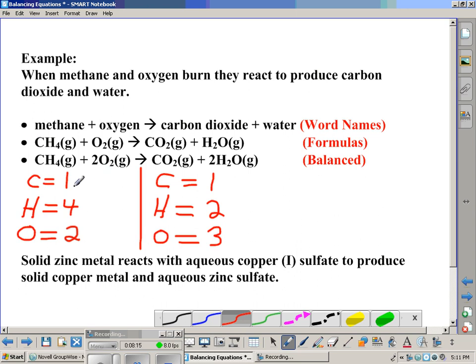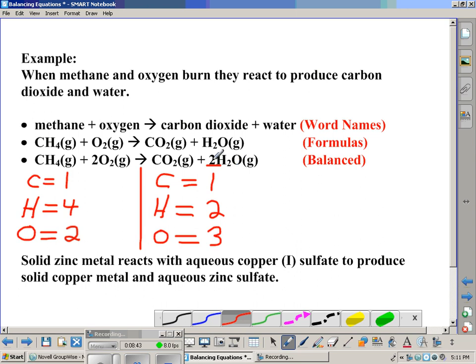Okay, so let's look at this. I have 1 carbon on this side, 1 carbon on my products. I have 4 hydrogen for the reactants, but I only have 2 for the products. So that means on this side of the equation, I need more hydrogens. In order to do that, I put a coefficient of 2 right here, and so that means now I have 2 water molecules under my products.